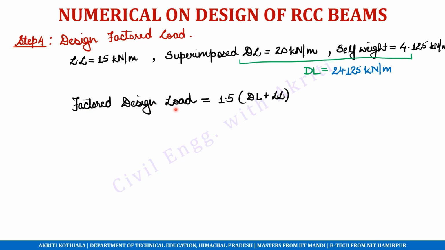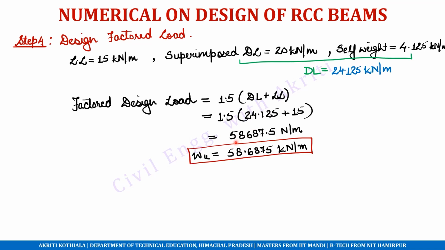Now the factored design load is equal to 1.5 times the sum of dead load and live load. The total dead load is 24.125 kilonewton per meter and the live load given to us is 15 kilonewton per meter. We'll sum this and multiply it by 1.5 to factorize it, which computes equal to 58687.5 Newton per meter, and we can write it as 58.6875 kilonewton per meter. So this is our factorized design load.